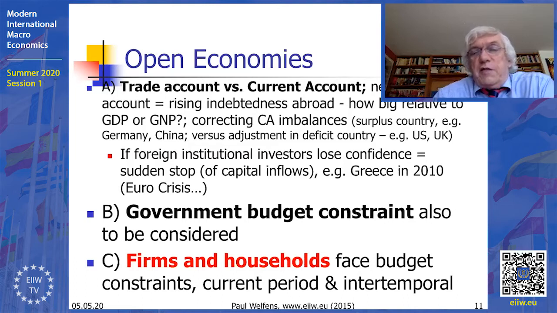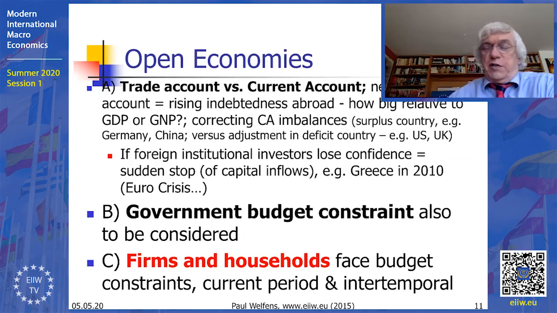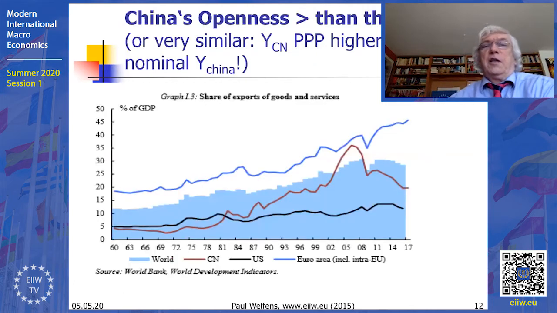Okay, firms and households, they face budget constraints, of course, for the current period, and there's also some intertemporal budget constraint. Now, if we look at economic openness, that's really interesting. So here we have a graph from 1960 to 2007. And yeah, we made this graph on the basis of data from the World Bank.